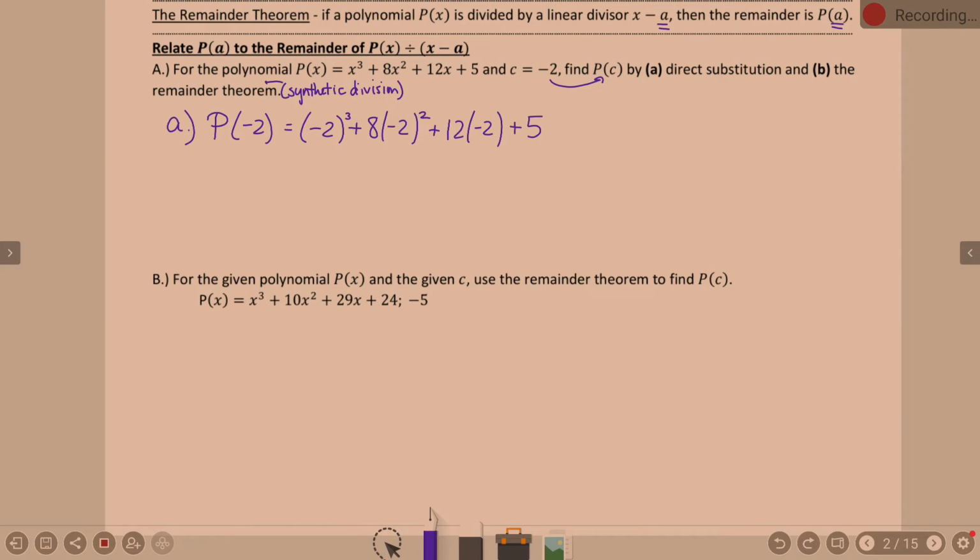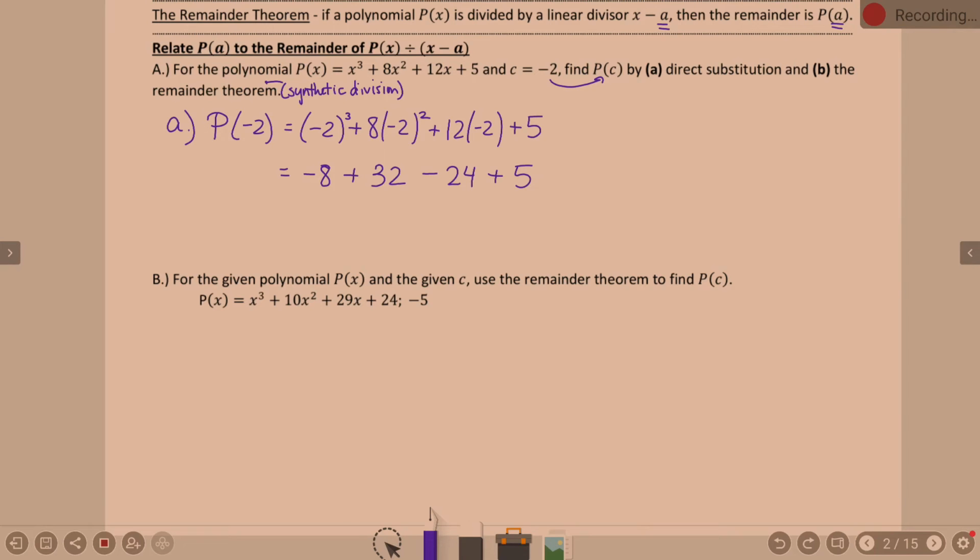What is -2 to the third? -8. -2 to the second is going to be a +4 times 8 is going to make this 32. 12 times -2 is minus 24 plus 5.